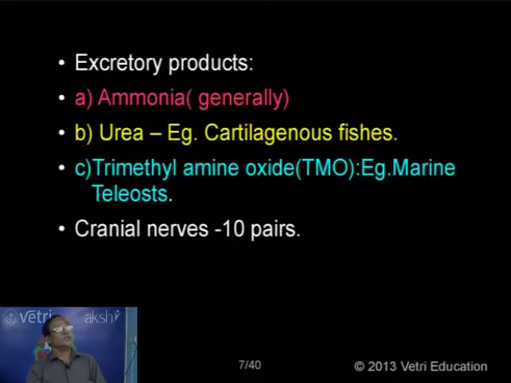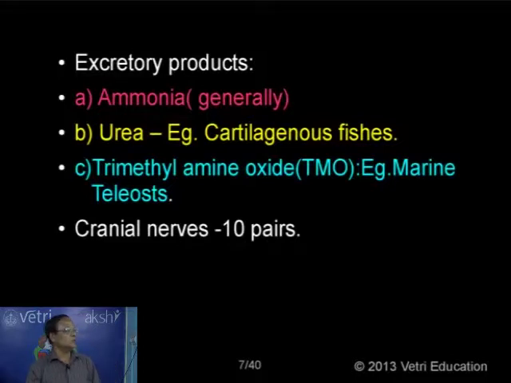Now what are the excretory products? Normally all aquatic animals eliminate ammonia as a waste product. The reason is that ammonia is highly toxic. If it is eliminated by terrestrial animals into the atmosphere, it is highly toxic and causes damage to the living being. But aquatic animals eliminate ammonia because ammonia is highly soluble in water.